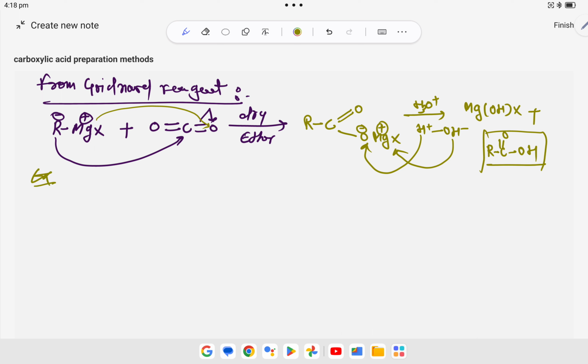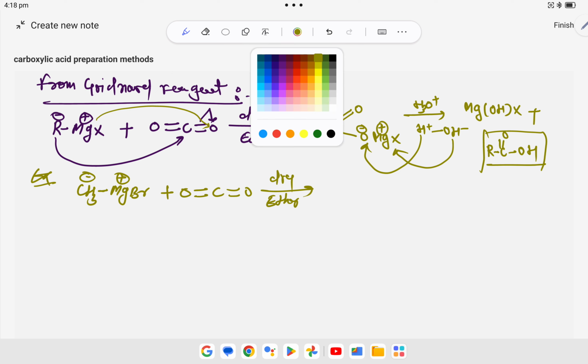Example, CH3 MgBr, positive, negative. First, reaction with carbon dioxide in the presence of dry ether. What happened, children?